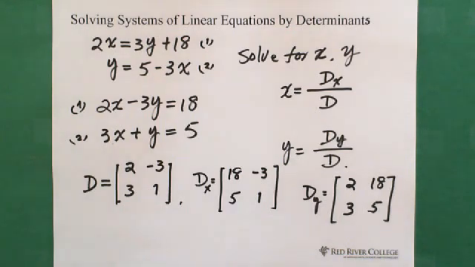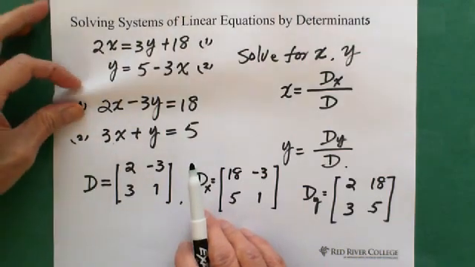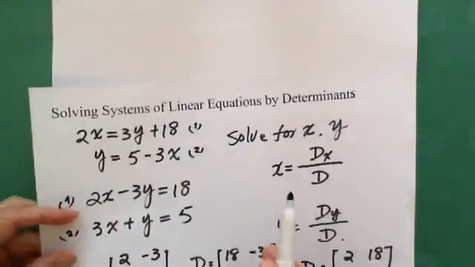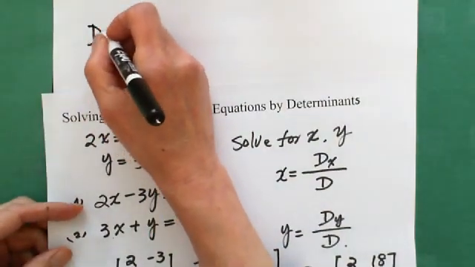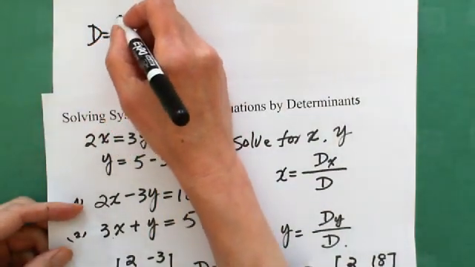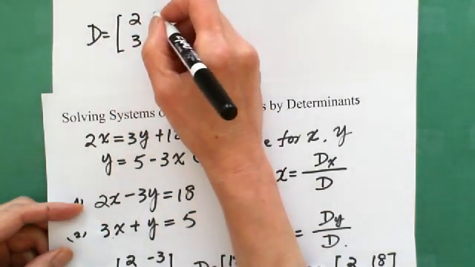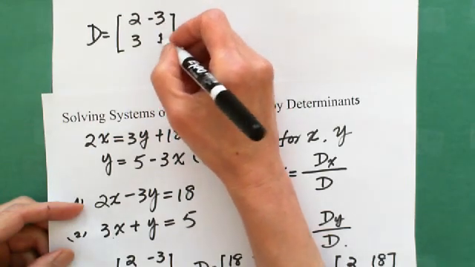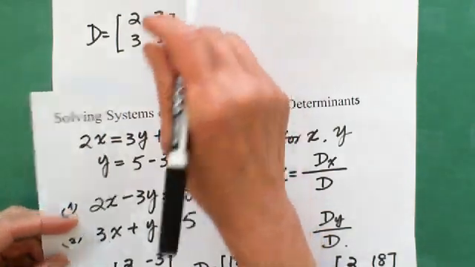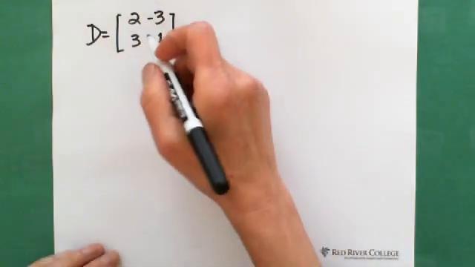Now I'll show you how to calculate these three determinants. The first one, the determinant, has entries 2, 3, negative 3, and 1. This is a 2 by 2 order determinant.